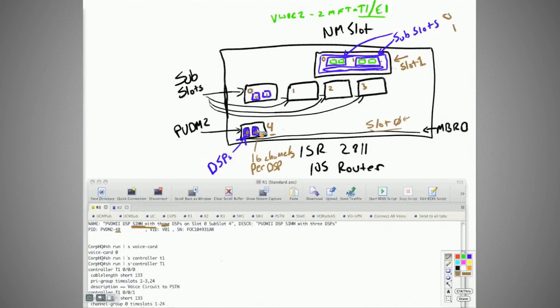Okay, so one DSP cannot be split up into multiple functions. Here in our configuration we've been using so far, and we really haven't talked too much about them, that's the lecture for tomorrow for gateways, but we've been using 3 voice channels, 3 bearer channels on our ISDN PRI circuits.